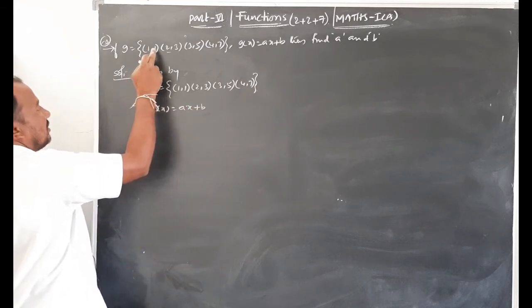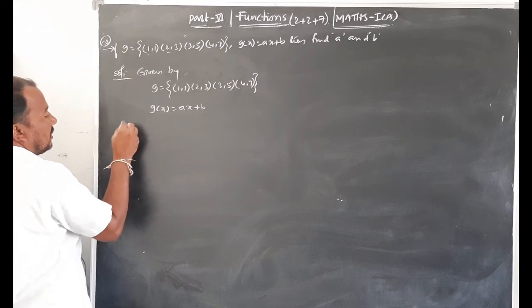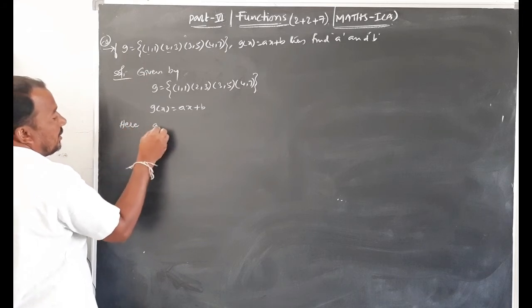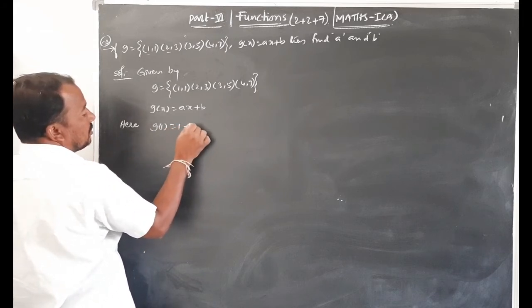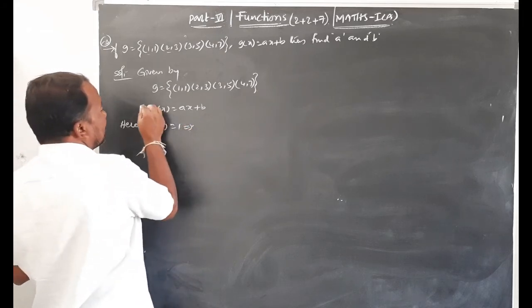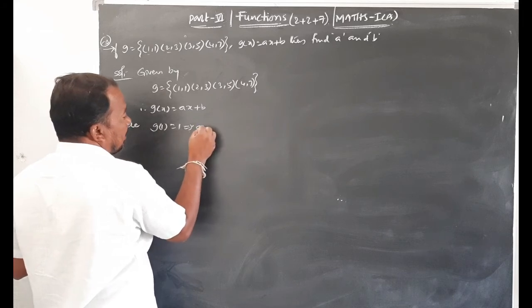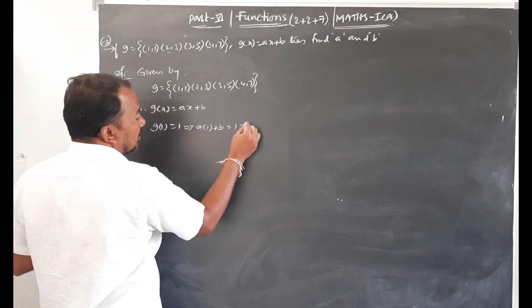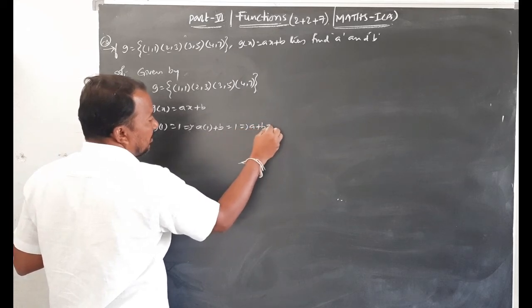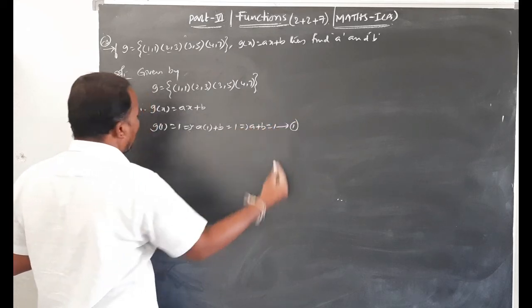The image of 1 is 1, so g of 1 equals 1, which gives a into 1 plus b equals 1, that is a plus b equals 1, equation number 1.